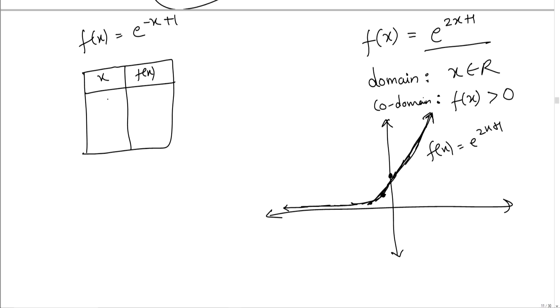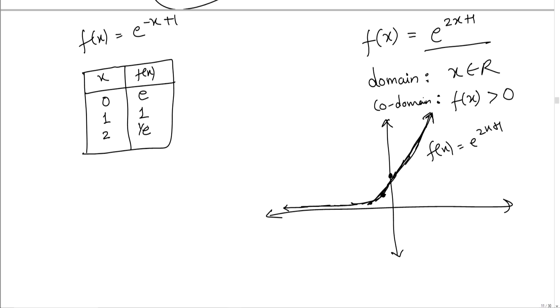When x is 0, the value of function is e. But when x is 1, then the value of function is 1. When x is 2, then the value of function is 1 by e.